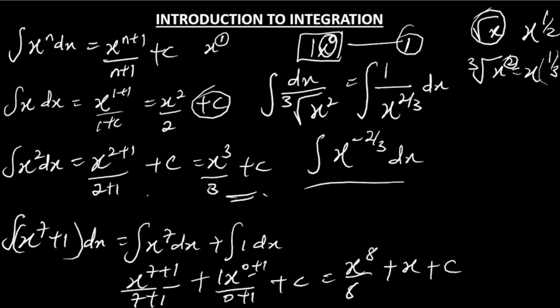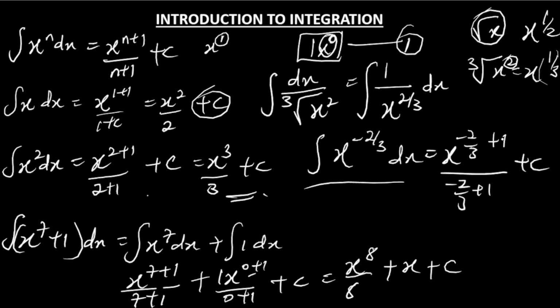Whenever they give you some questions, you can see this is much easier to solve now. Some questions look complex. You have to take them to a simpler form, whereby you can now apply the rule of integration. This will be equal to x raised to the power of minus 2 divided by 3 plus 1, divided by that same thing you're having up there, plus c.